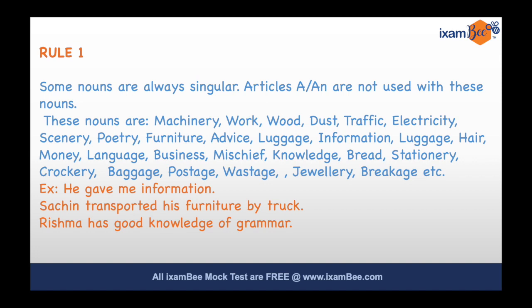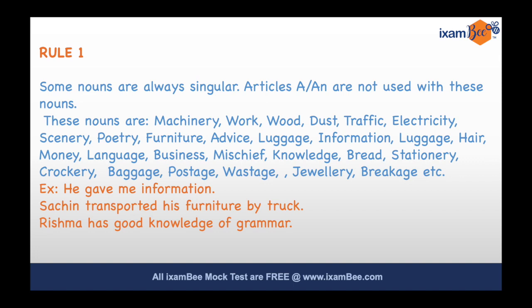You cannot count furniture. Well, you can count furniture, but furniture here is a concept, right? Can you count information? No. So we are talking about some nouns. Now, these nouns are always used as singular nouns, and that's the reason we do not use articles like a and an, right?